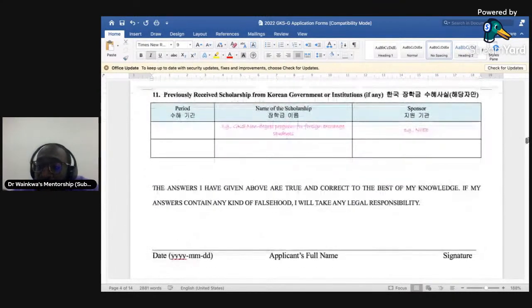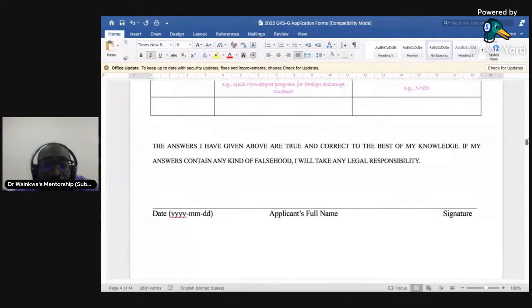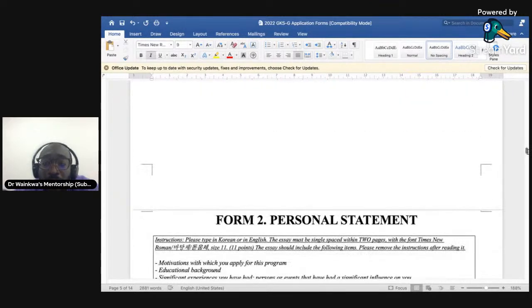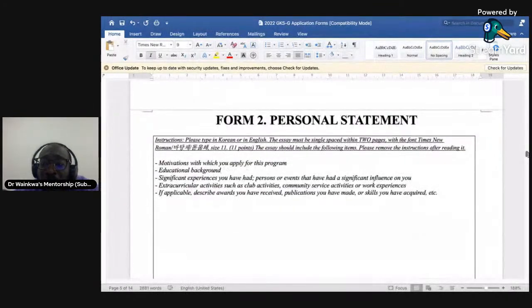And the awards given above are true. So, like I mentioned, you need to fully acknowledge that all the information you provide in this form is true and valid. They are very true and valid.